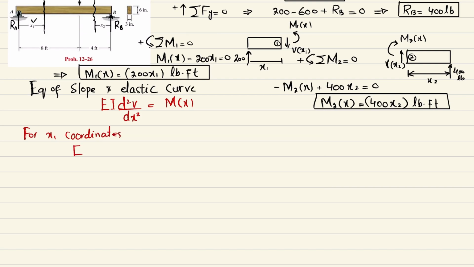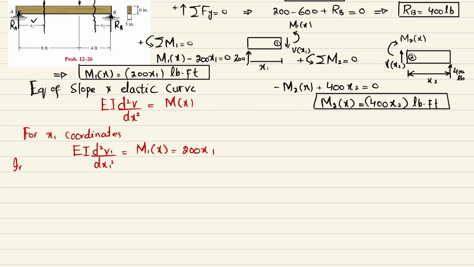It will be EI into d square v1 over dx1 square is equal to m1 of x, and m1 of x is 200 x1.